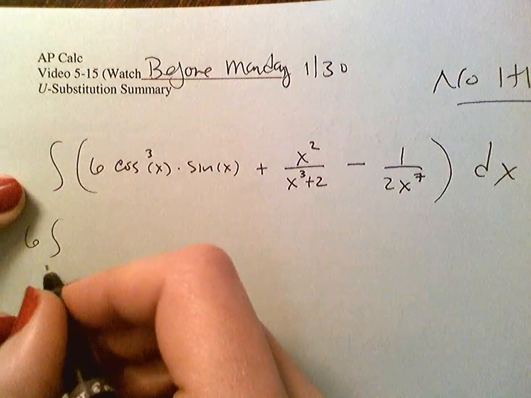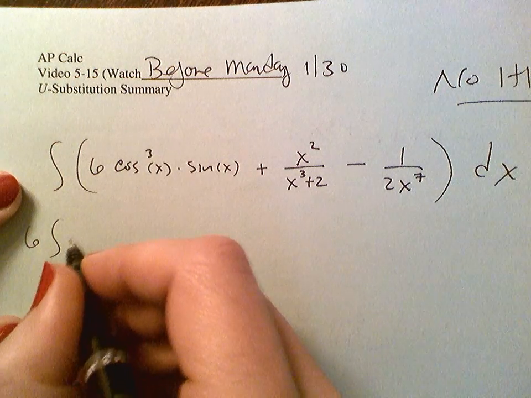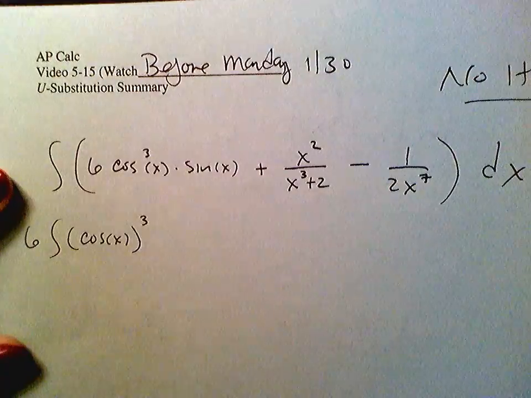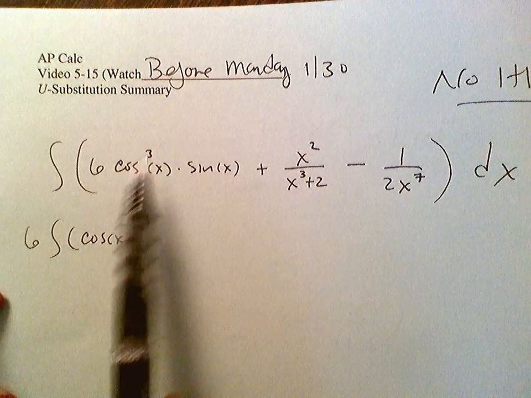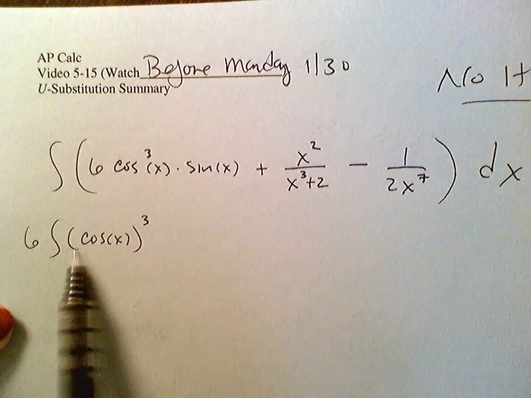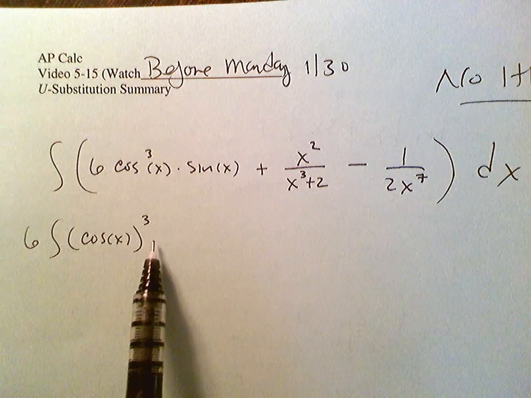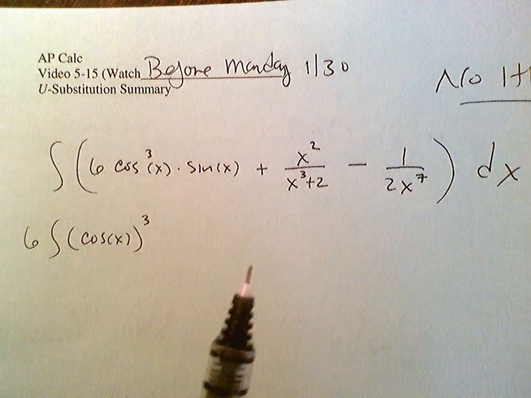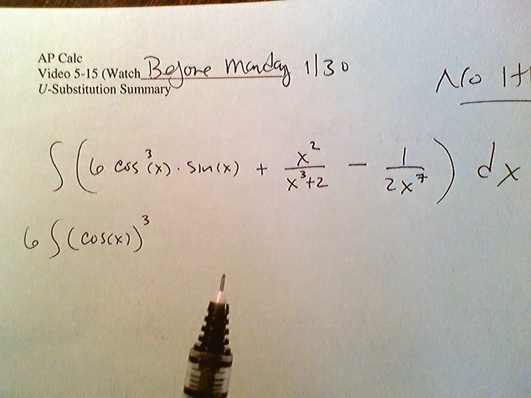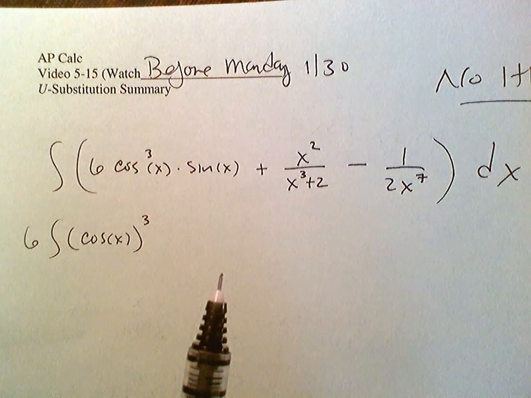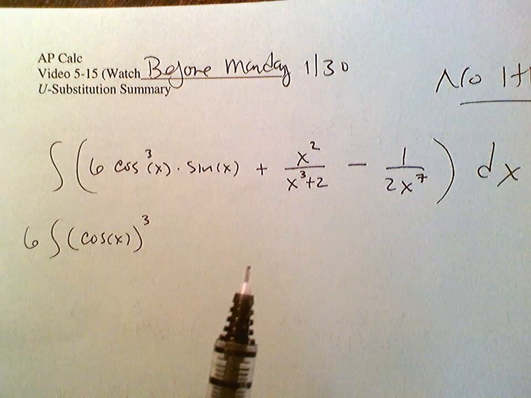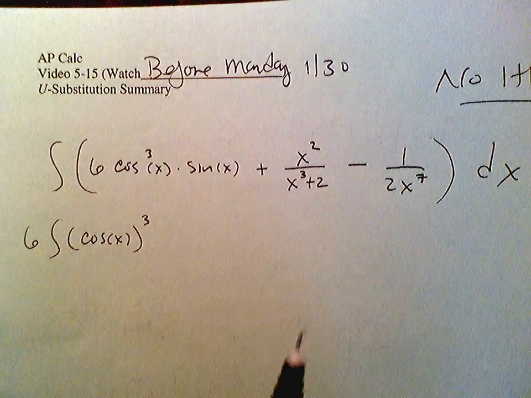So 6 times the antiderivative of, and I'm also going to do this, guys: anytime you're taking a derivative or an antiderivative and you've got a trig function raised to a power, rewrite it like this. If you're taking the derivative, it'll be easy to see that you need the chain rule. But if you're taking the antiderivative, it'll be easy to see that you need U substitution. A good U to choose is always an inside function, a function that's inside of another.